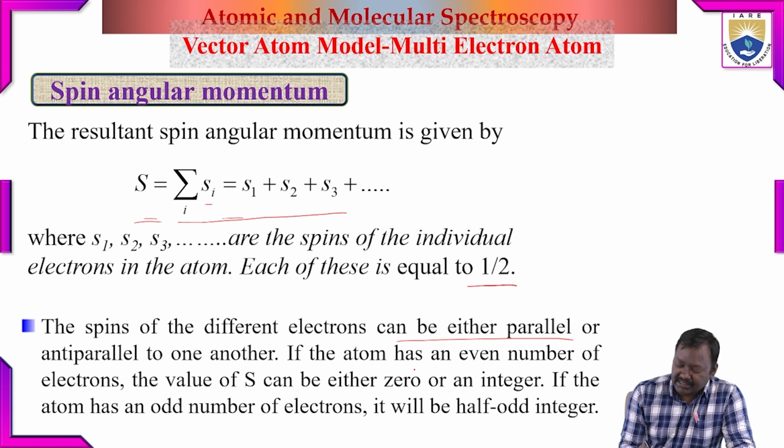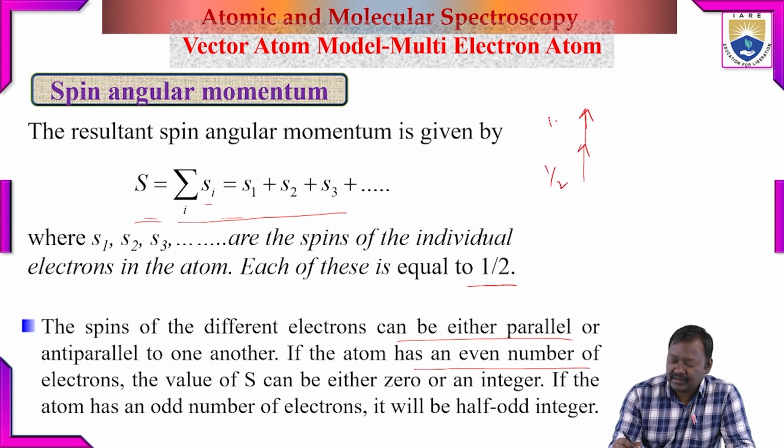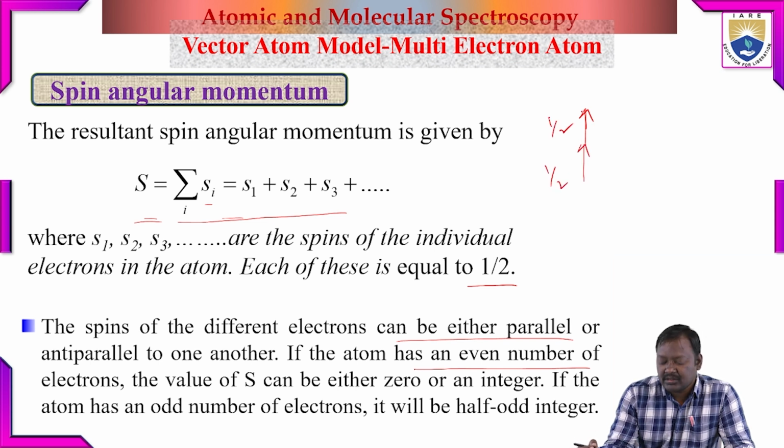So if the atom has an even number of electrons, for example, there are two electrons each having 1 by 2, 1 by 2, the resultant spin angular momentum length also increases like this.